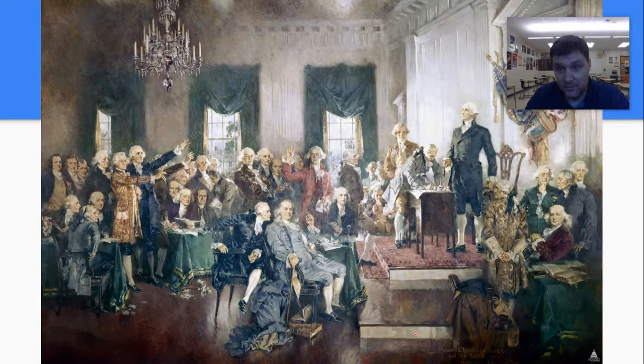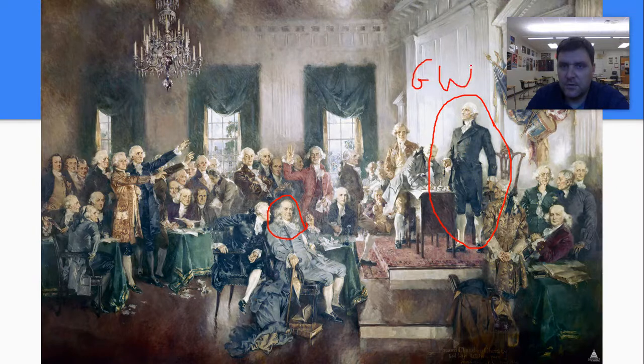Like they argued a lot. Very few of the same people signed the Constitution that also signed the Declaration of Independence. You can see one, Benjamin Franklin right there. And the president of the Constitutional Convention in Philadelphia was none other than George Washington.